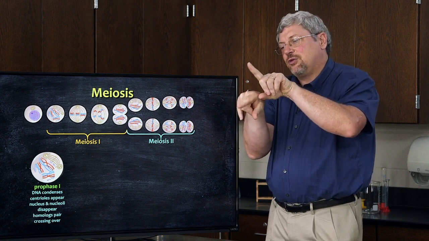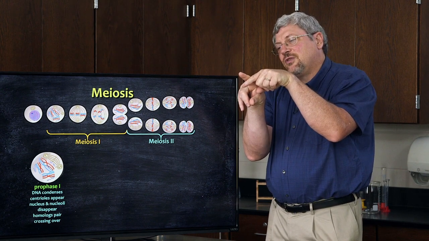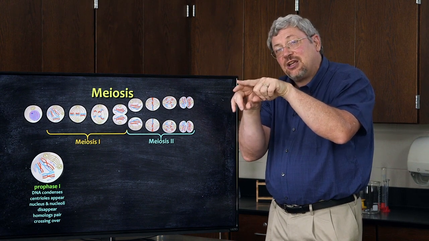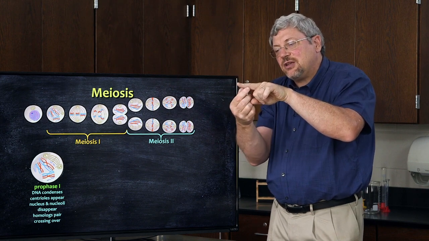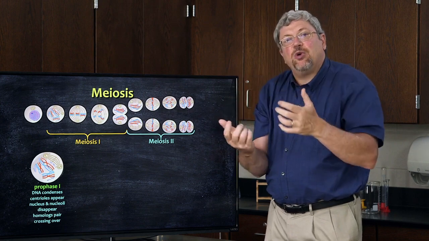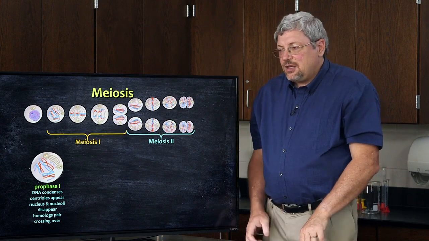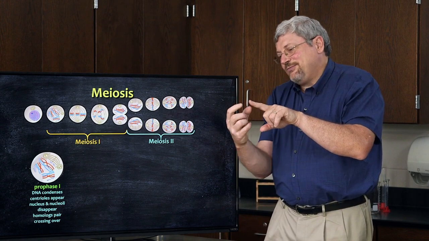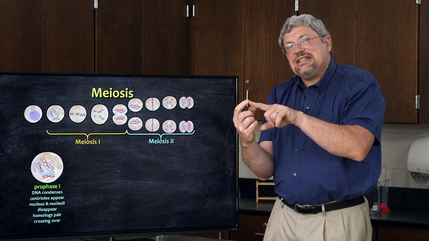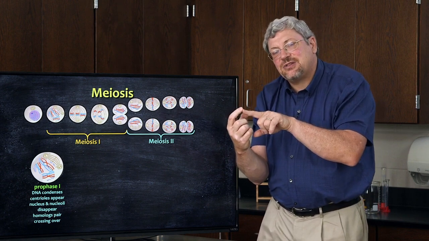So an arm from one chromosome can cross over the other and trade genetic information. You can take a piece of one chromosome and a piece of the other chromosome and flip it from one to the other. Now, let's say it occurs 18 units from the end of this one.